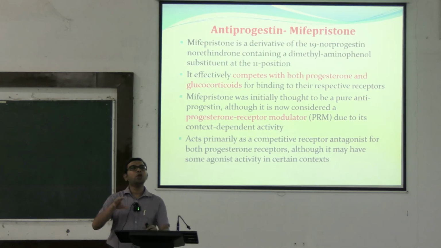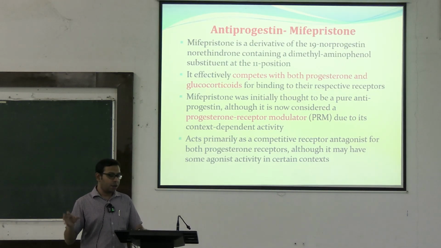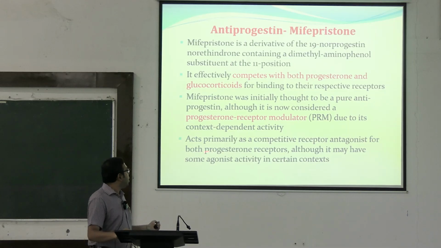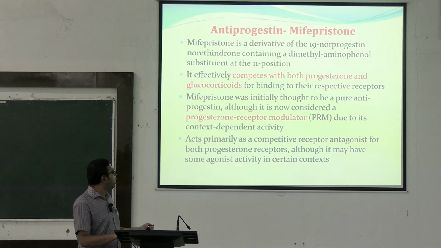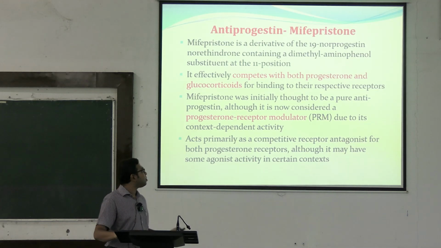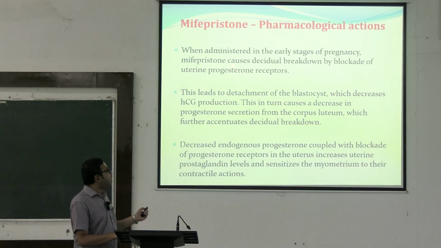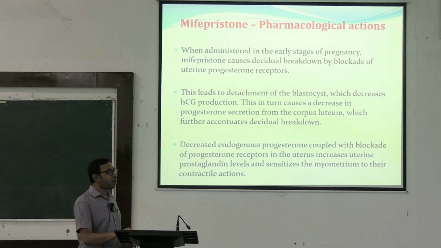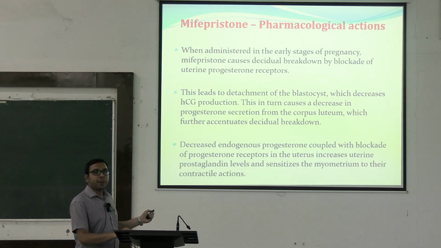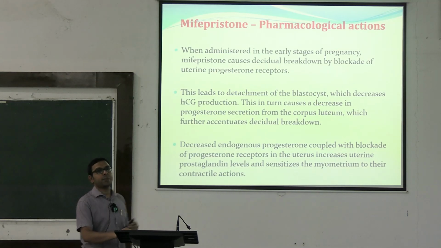It basically modulates the progesterone receptors in different organs. It acts primarily as a competitive receptor antagonist for both receptors, although it may have some agonist activity in certain contexts. Pharmacological action: when Mifepristone is given in the early stages of pregnancy, it causes decidual breakdown by blockade of the uterine progesterone receptors.